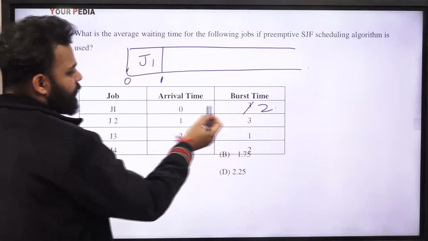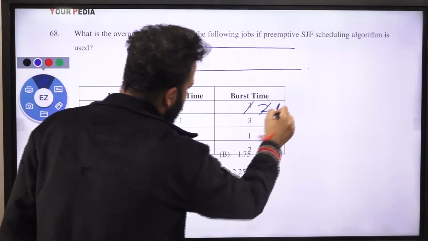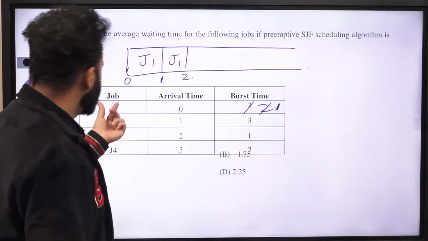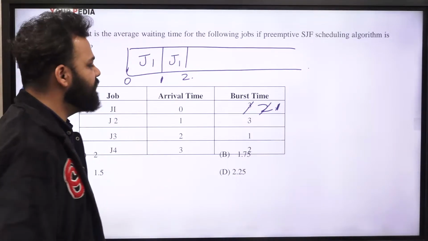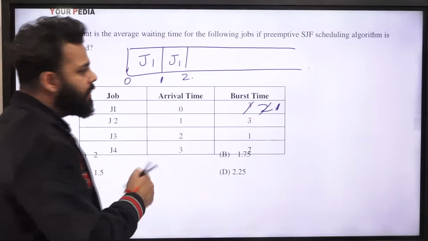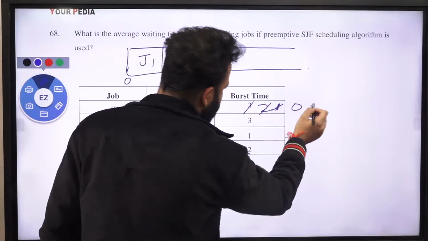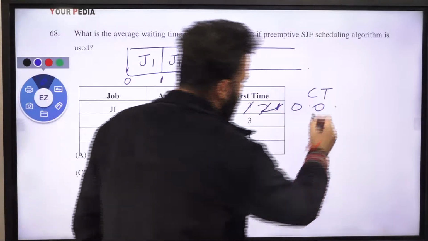And if there are 2 processes and J1 is minimum, we will again give it 1 second more. Now J3 comes into the system, but J1 and J3 are having same time. If J1 and J3 are having same time, we will give the preference to arrival time, which of the processes came first. So again J1 came first and we will complete it. So J1 is completed at 3.